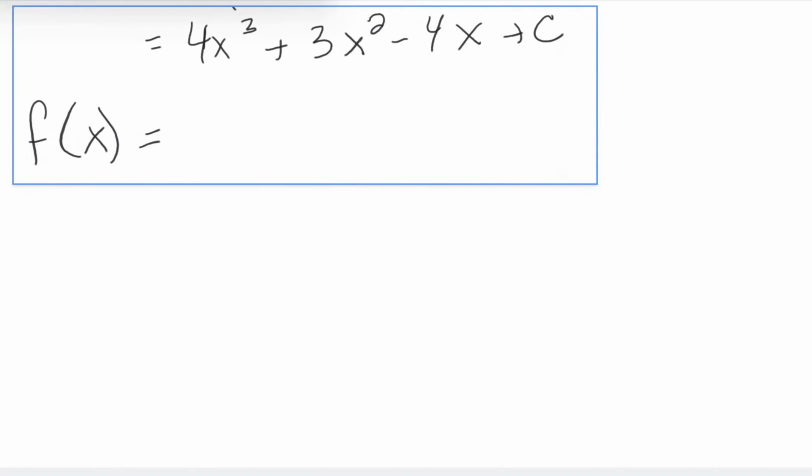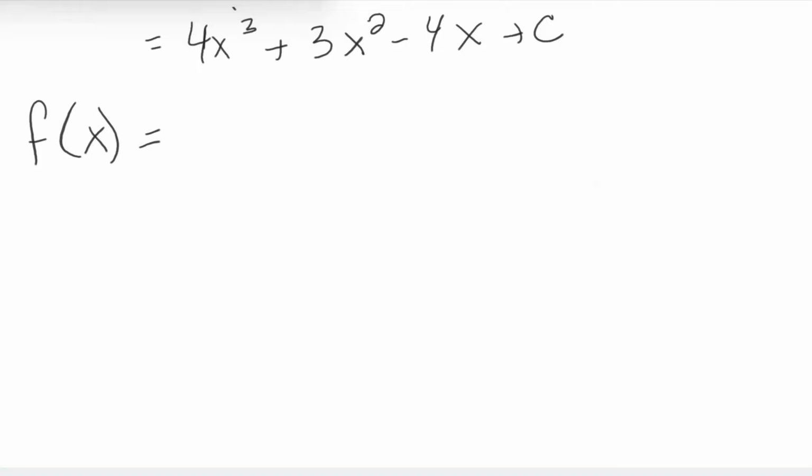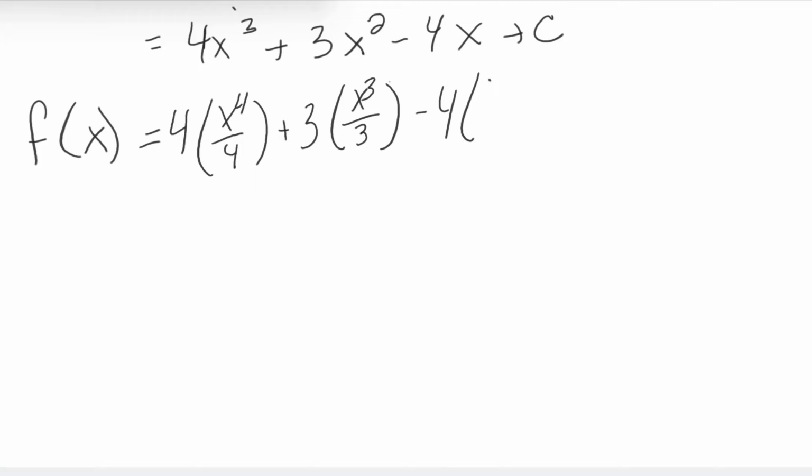All right, so what's the next one? So I got 4. Almost. What did we do to the constant in the last problem? Yeah. This becomes cx plus d. I still have to add a constant.